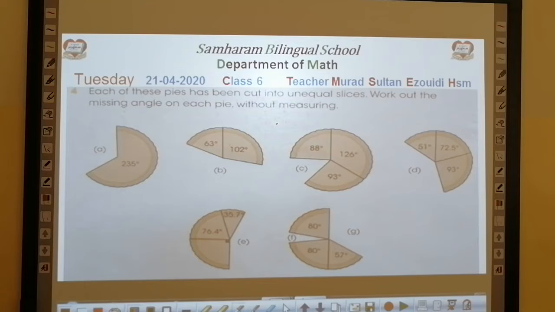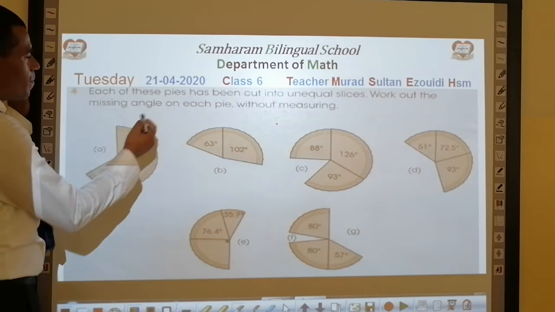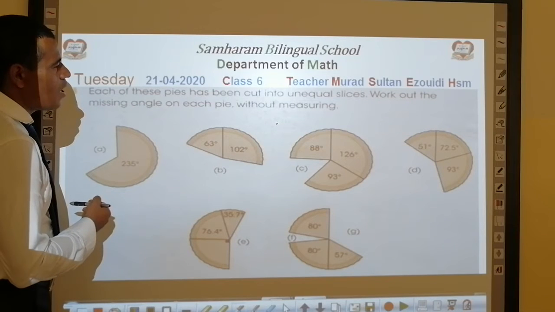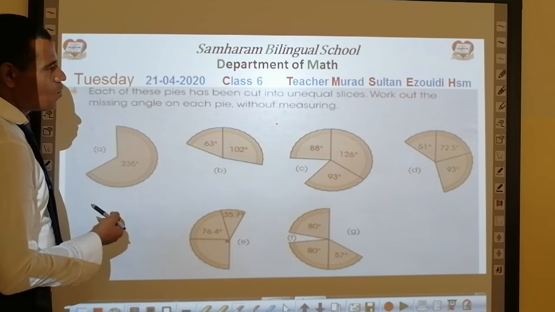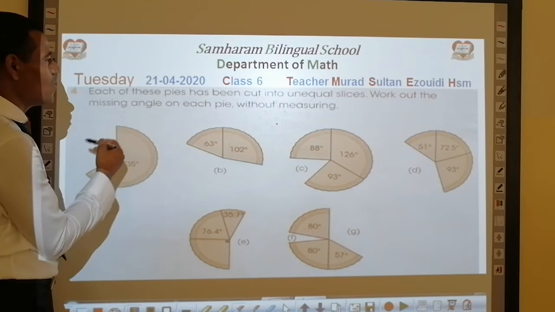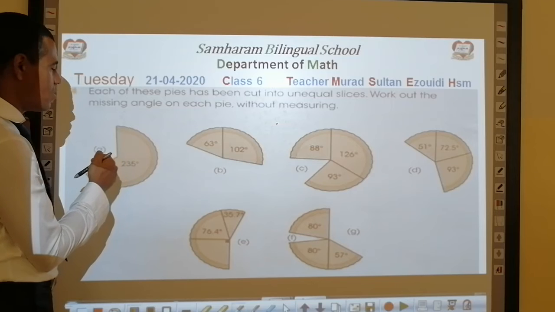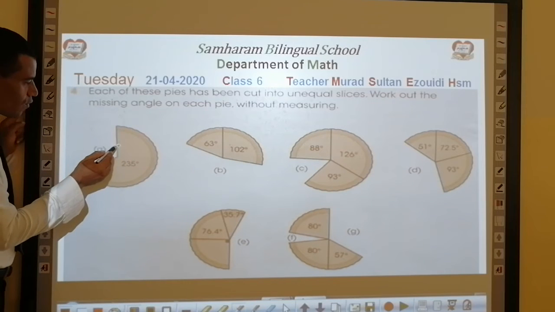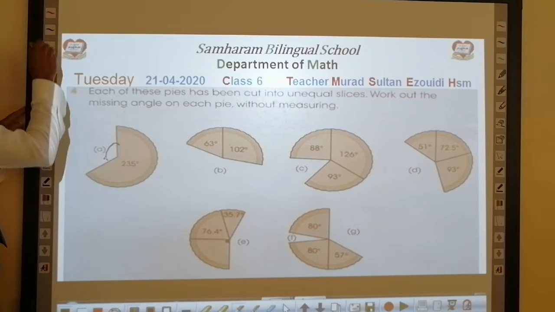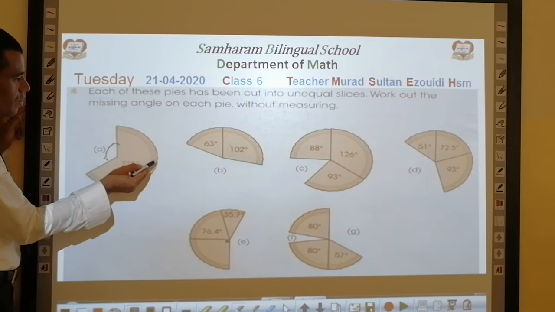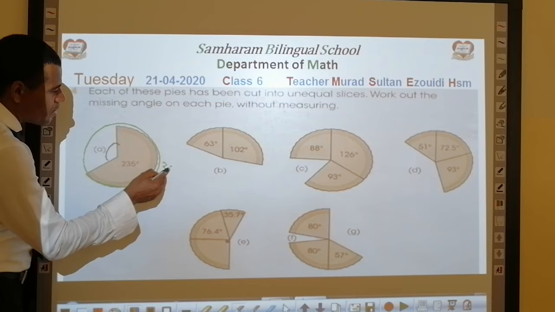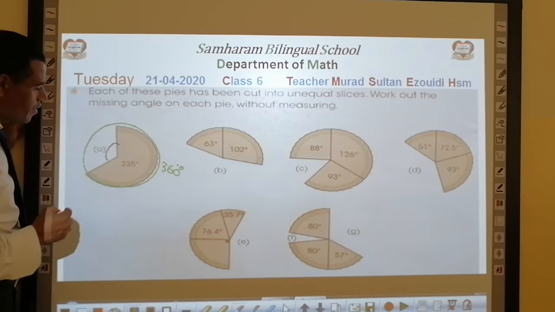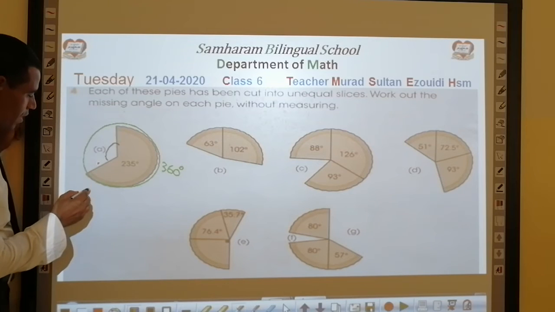Exercise 4. Each of these pies has been cut into unequal slices. Work out the missing angle on each pie without measuring. Okay, I will try to find this value. First of all, this one is 360 degrees.